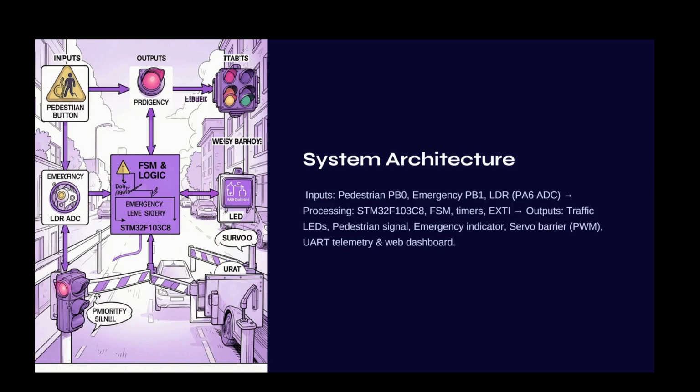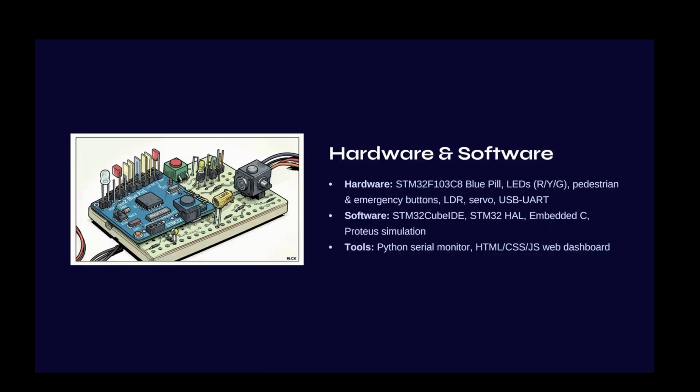The second section is the processing unit. The STM32 F103C8 microcontroller acts as the brain of the system. It receives all the inputs, processes them using software logic, and decides which traffic signal should be activated.